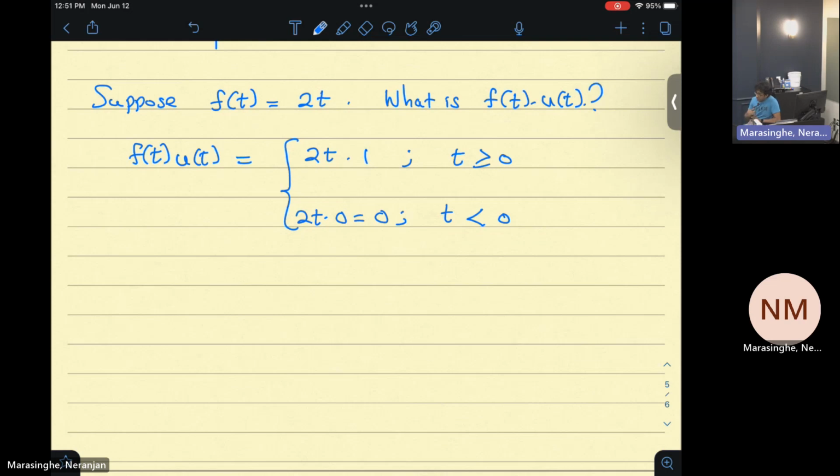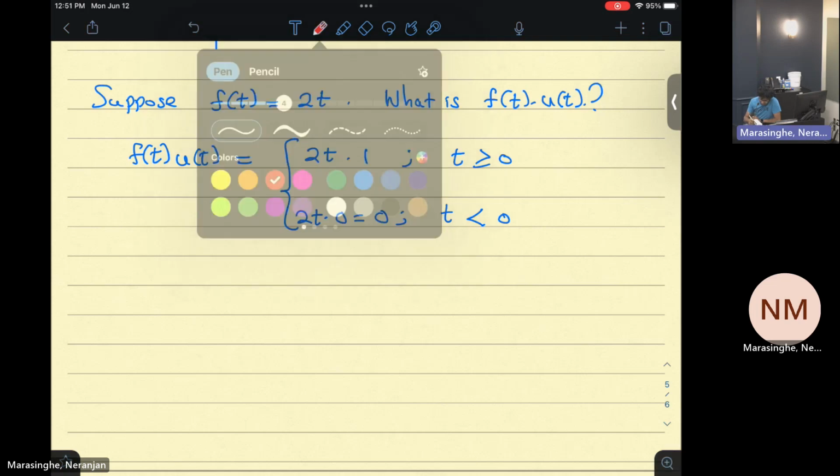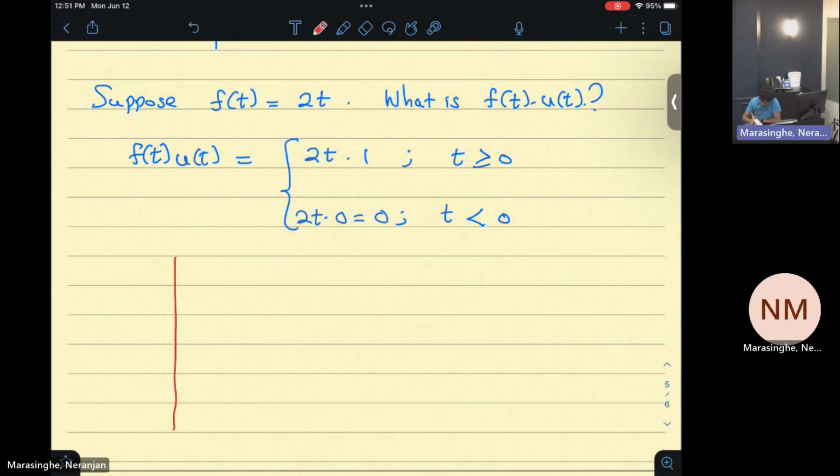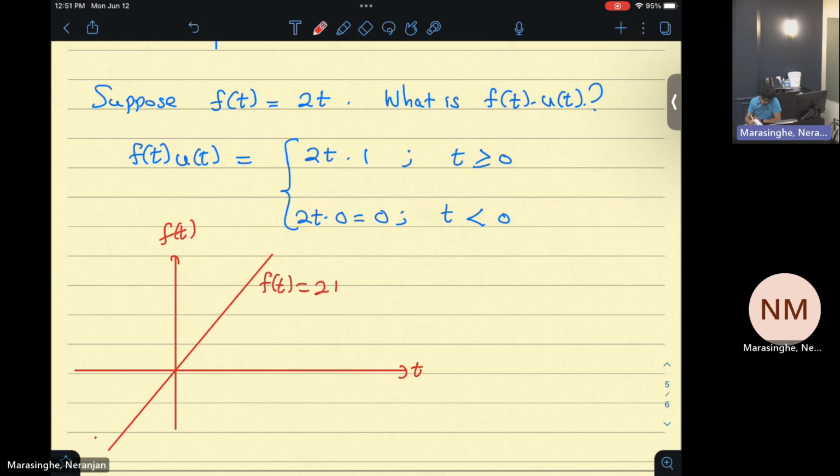So u(t) has a good control over this function, right? That's why this u(t) is going to be very important. If you sketch the function, f(t) would be a linear function and it would look like this, right? This is f(t) equals t. Now you multiply this function by u(t).